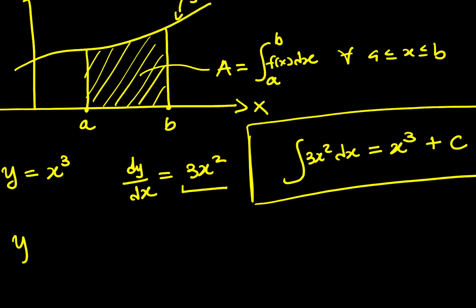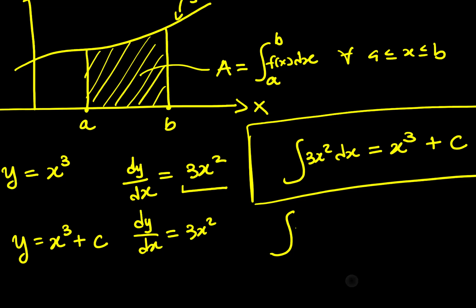Similarly, if we have y equal to x cubed plus c, the derivative dy dx is just going to be 3x squared. That would imply that the integral of 3x squared dx is equal to x cubed plus c.